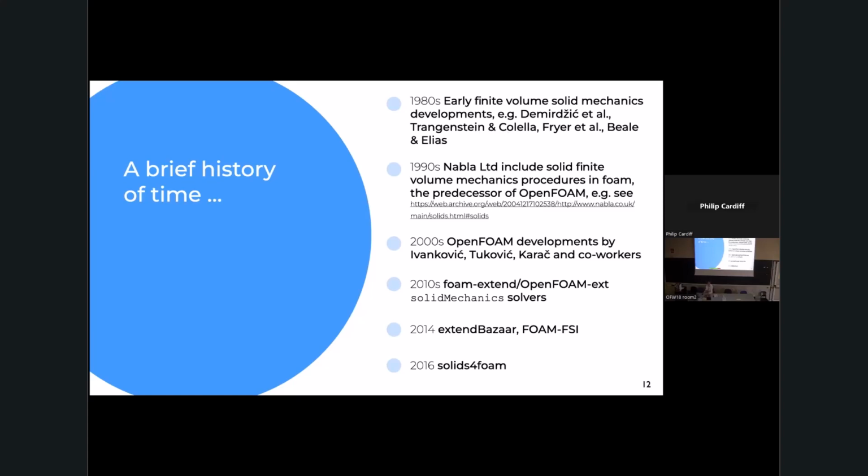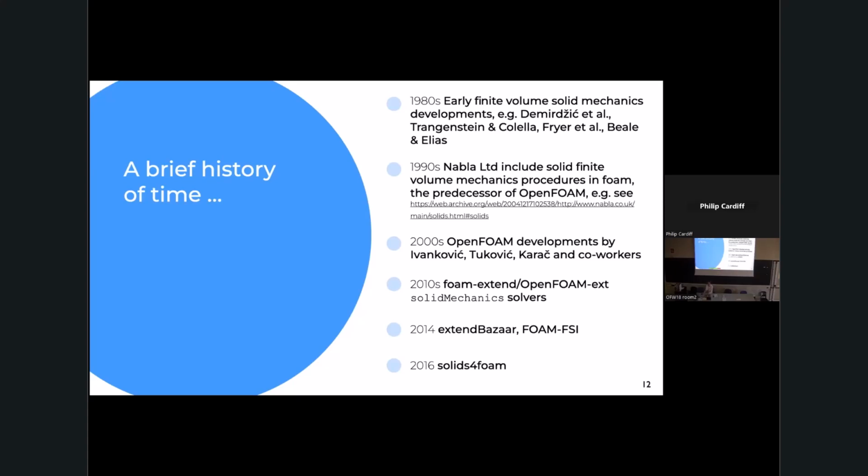In fact, Stephen Beale, I'm not sure if he's at the workshop, but he's definitely part of the OpenFOAM community, had an early paper in this area. If you go to the Wayback Machine, you can find nabla.co.uk. Nabla, if you don't know, is the company that initially tried to commercialize FOAM before it became OpenFOAM, with Hrvoje Jasak and Henry Weller.